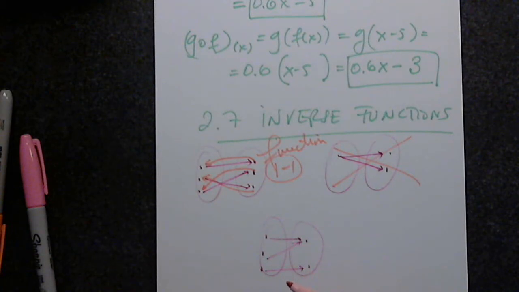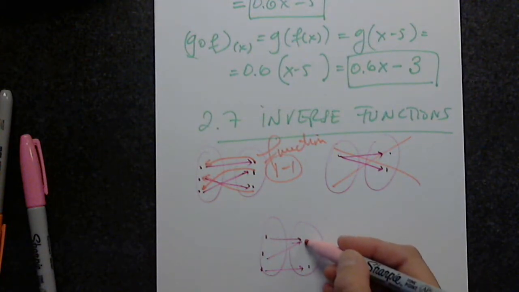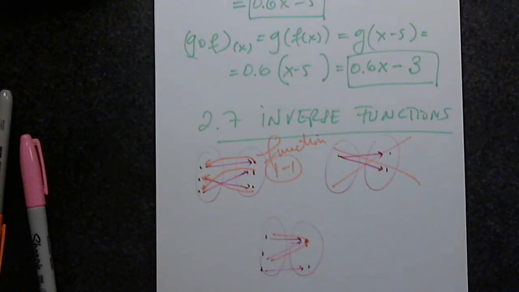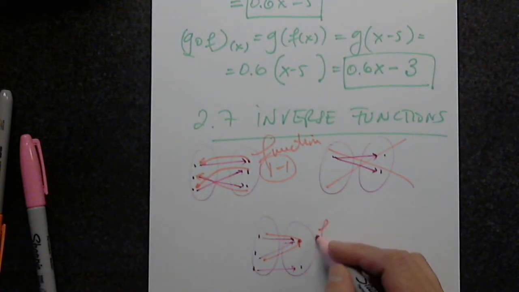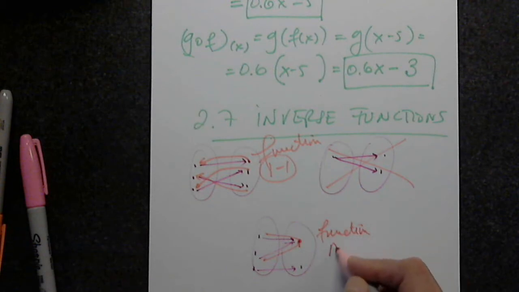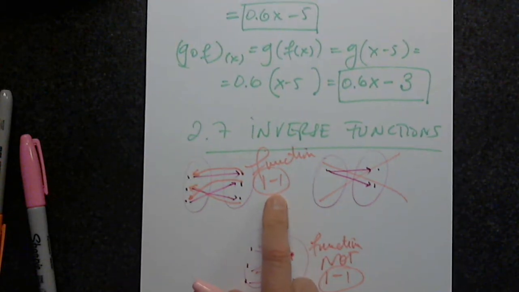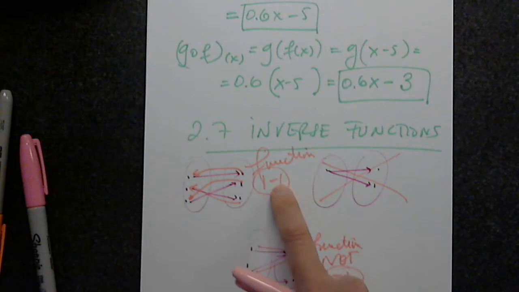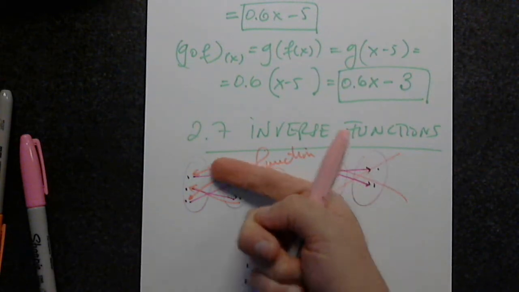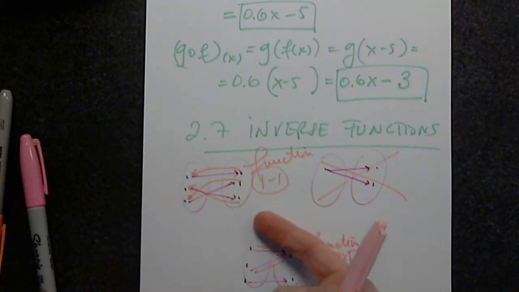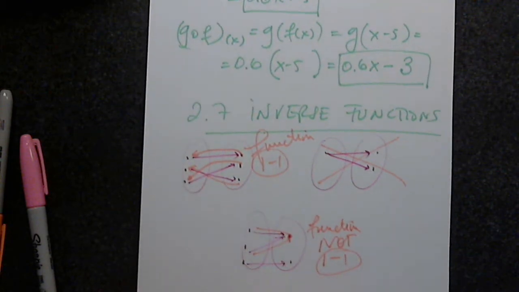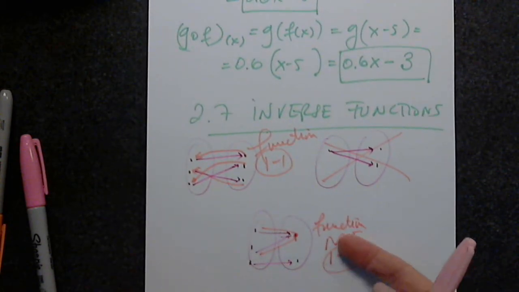Function, but not one-to-one, because this y corresponds to 2 different values of x. So function, not one-to-one. So what we conclude from this is that only, and I'm going to write this note down, only one-to-one functions have inverses that are also functions. This one has an inverse, but it's not a function.